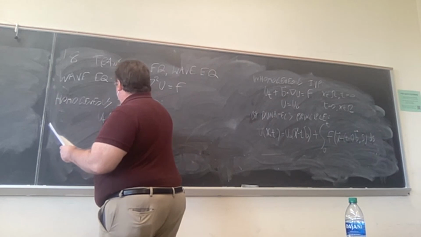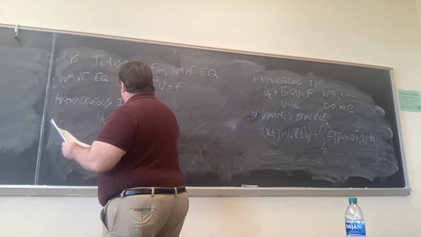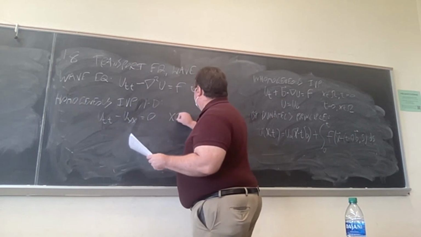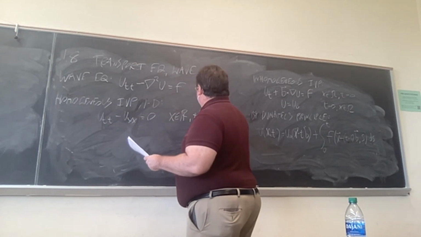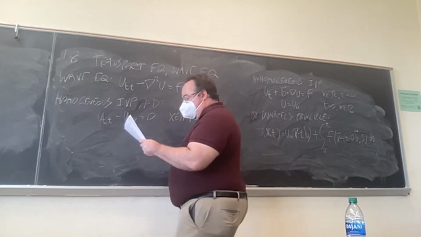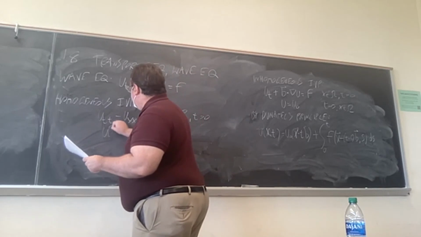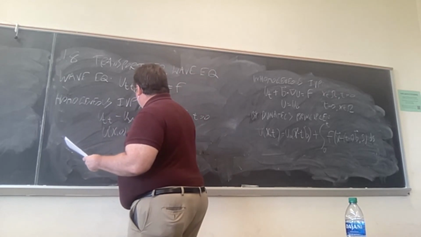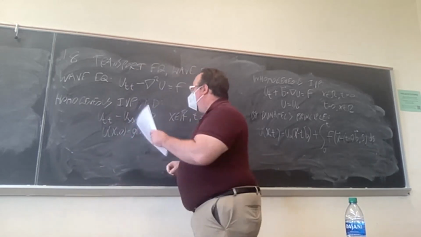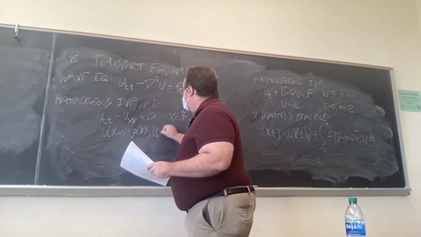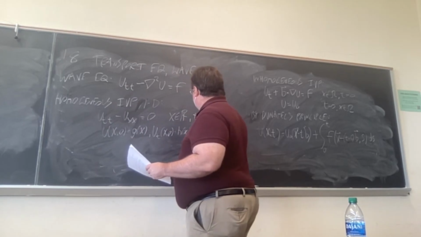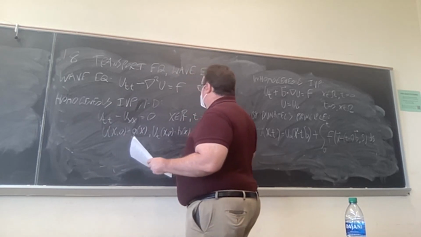So u_tt minus u_xx is 0 on the whole real line. And then we have our initial data. Now, because the PDE is second order in time, we need two initial conditions, one on u and one on du/dt.